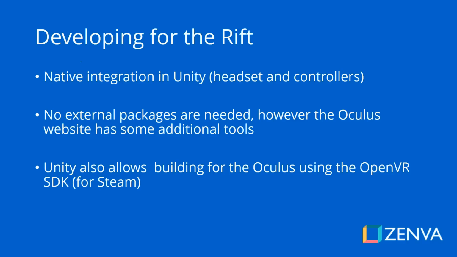OpenVR is an open standard, an API developed by Valve, that allows VR games to run in the SteamVR runtime. So it is made for Steam basically, and you can also integrate deeply with this API. But if you do that, then you can no longer publish your game on the Oculus store.